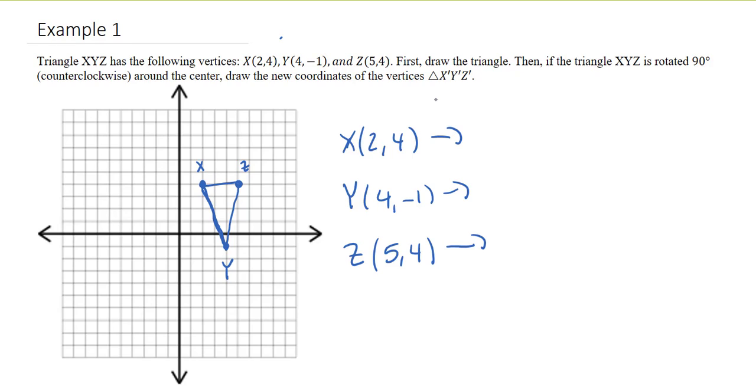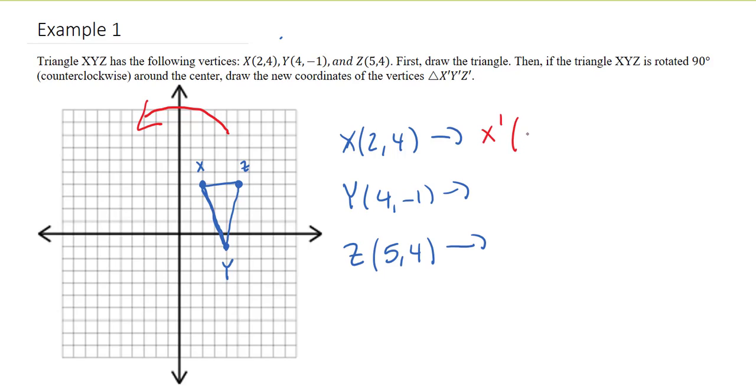So this is the rotation. We're going to rotate it 90 degrees. That means we're going to go from mostly quadrant 1 over to quadrant 2, so we're going counterclockwise. The first thing we do when we rotate either 90 degrees or 270 degrees is switch the x and y values.